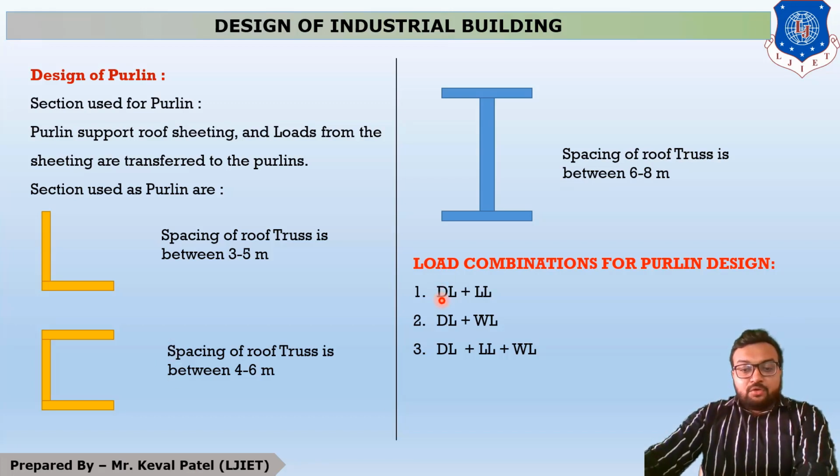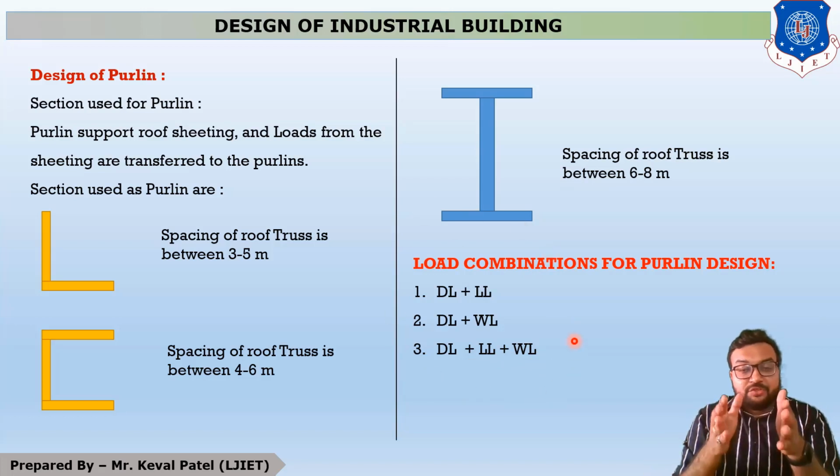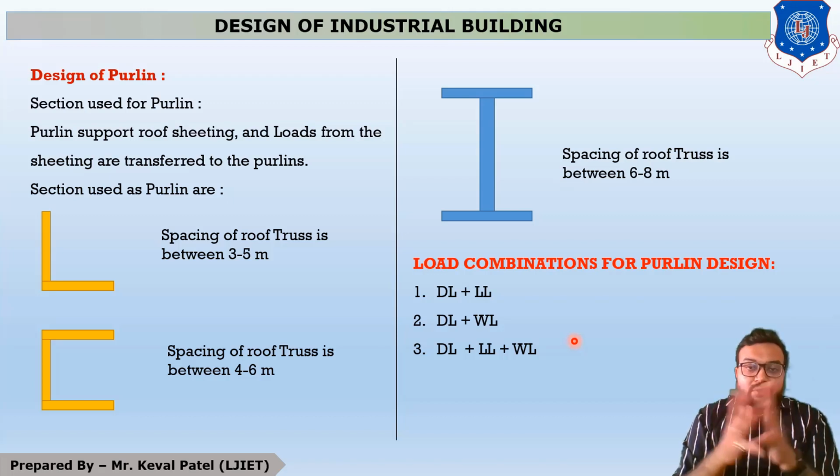It is dead load plus live load. Second is dead load plus wind load. And third is dead load plus live load plus wind load. You can see that there is no factor of safety. It means there is no 1.5 multiplication in any of the load combinations. It is because in industrial building the load is considered as the factored load.